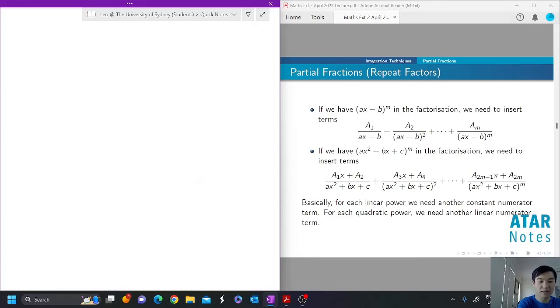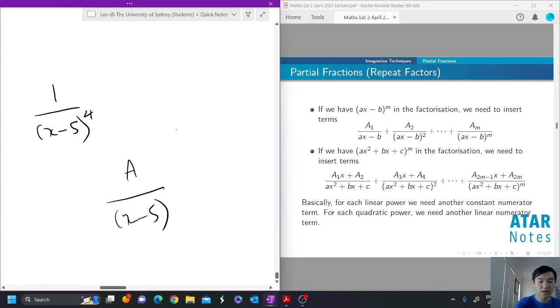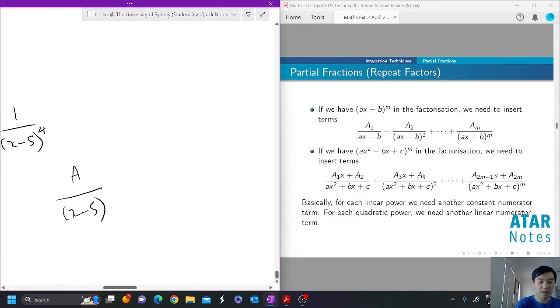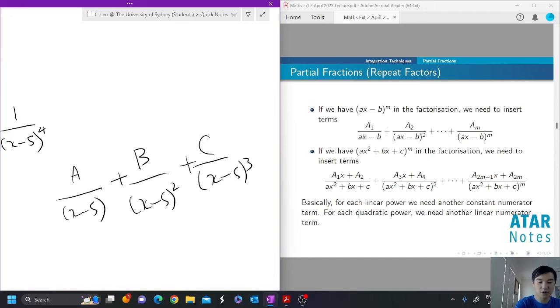you have like 1 over x minus 5 to the power of 4, what you're going to have to do is, instead of just having a over x minus 5, you'd do a plus b over x minus 5 squared plus c over x minus 5 cubed plus d over x minus 5 to the power 4.